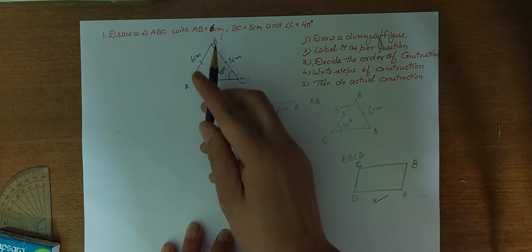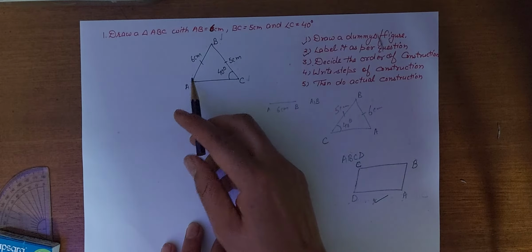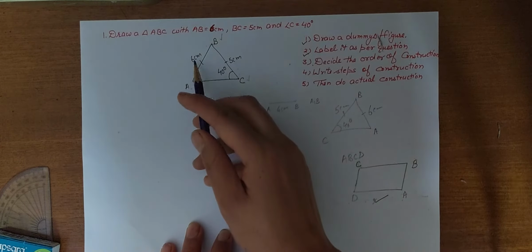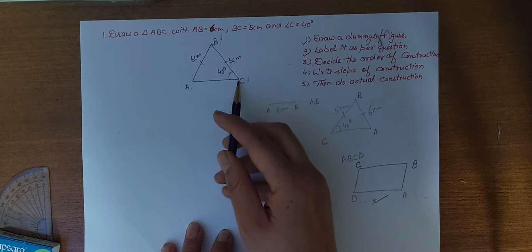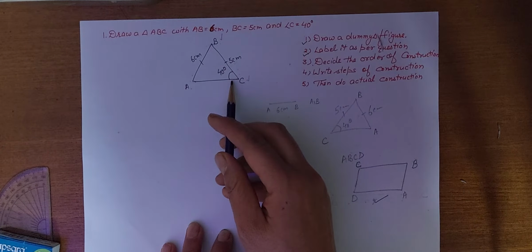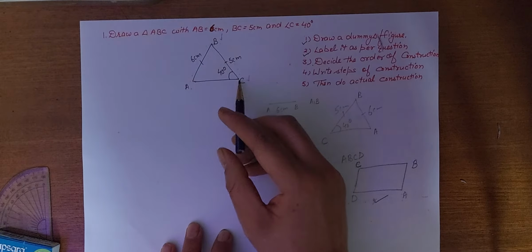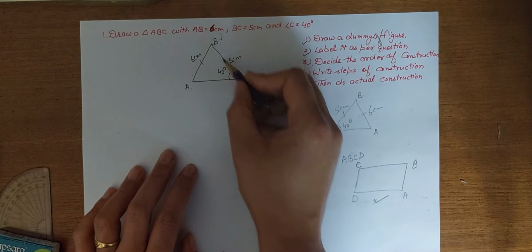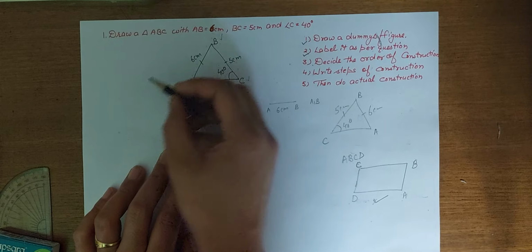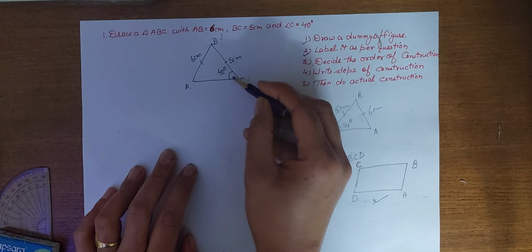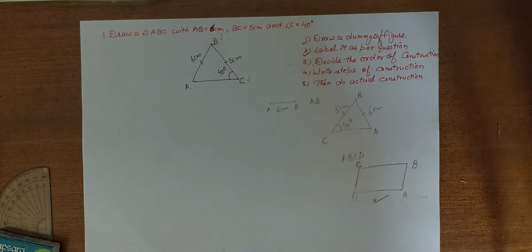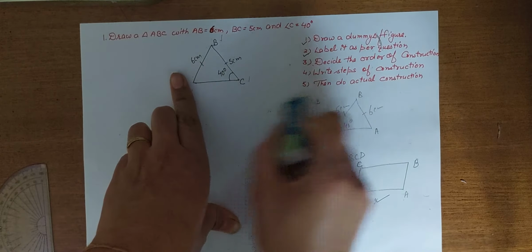Now I have to reach point A. So we have 2 ways to reach A. First, A is 6 centimeter from B. Moreover, we will be able to construct 40 degree also at point C. So the moment you draw this and then 40 degree, we'll get to know we have to take 6 centimeters somewhere on CA. Once you do the corrections, you'll get to know all of this. Let me erase all of this.